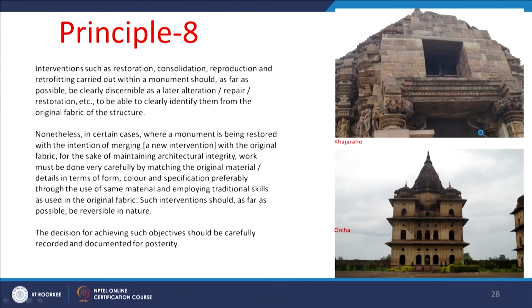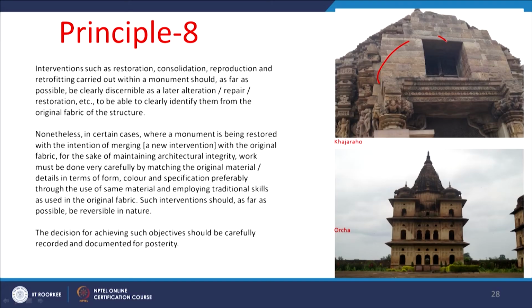And whatever the restorations, in principle number 8, we are talking about restoration, consolidation, reproduction and retrofitting. In some places in Khajuraho, whatever they have reconstructed has to be visible, showing which part has been restored and how. So it should be possible to clearly distinguish which is the original and which is a restored component.